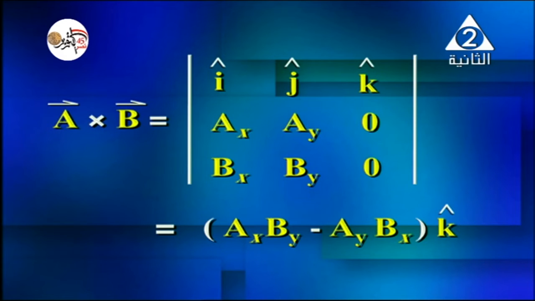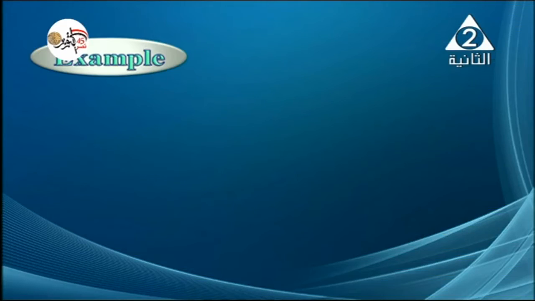Why? Because the component in the i vector equals 0, and also in the j vector equals 0. In this case, we have one component, in the k vector: ax by minus ay bx in direction k.